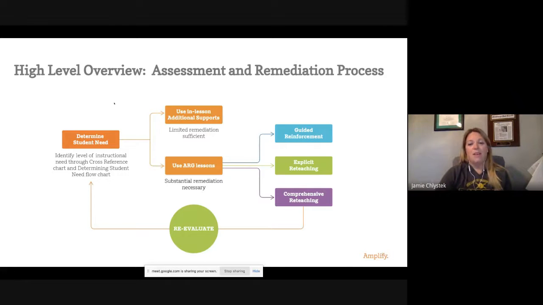And then obviously the big thing at the end is, as we're doing these additional remediations and intervening in order to help students be successful within the core, we've got to constantly be reevaluating. What does it look like to make sure that what we're doing to intervene and remediate is moving the needle with students? So we keep that data at the forefront, for anything we're doing, both core and outside of core, so that our teachers are supported and understand how to use that data to continuously drive instruction.